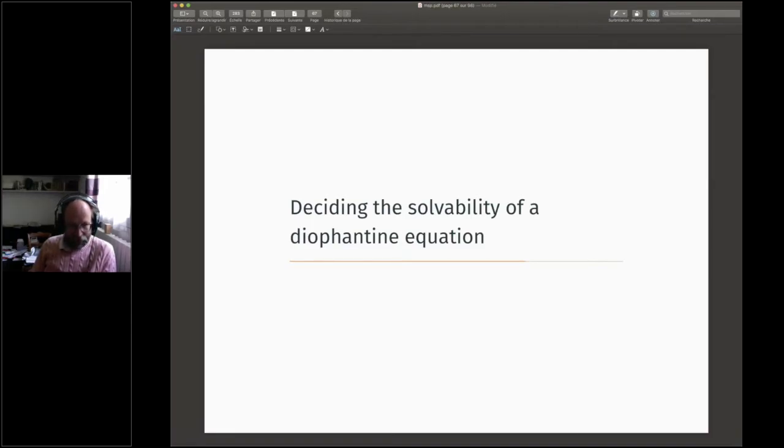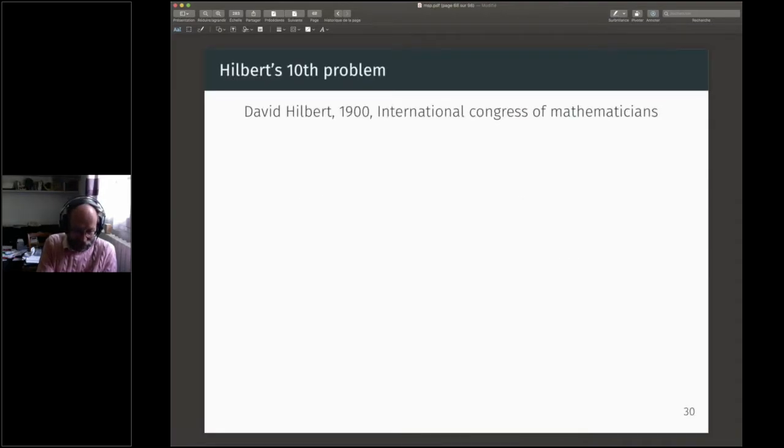It's still an important question to just say whether or not a Diophantine system has solutions. It was such an important question that the German mathematician David Hilbert posed it at the 1900 International Congress of Mathematicians.